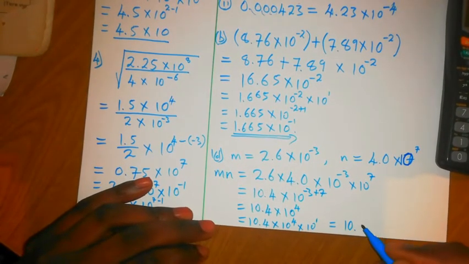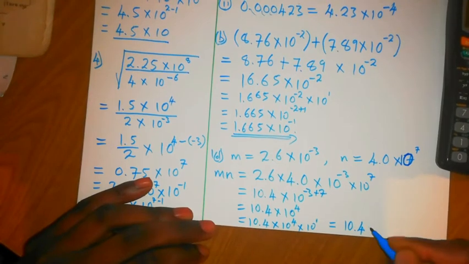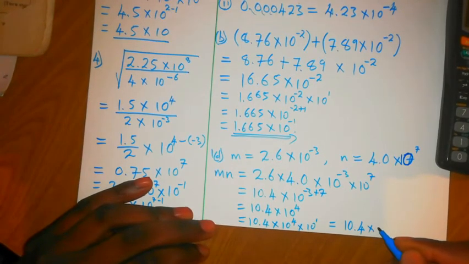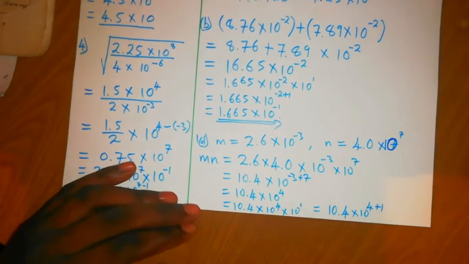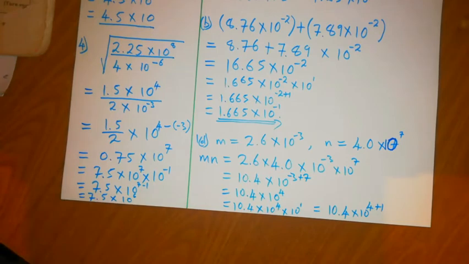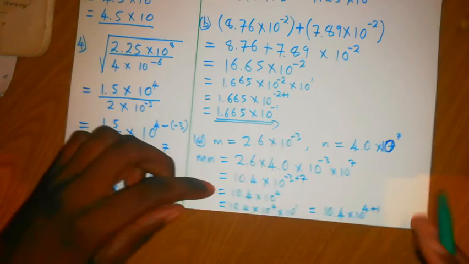So it's equal to 1.04 times 10 to the power 4 plus 1 there, so that I won't omit stages, so that you will try to follow. Now I'm moving on to my final answer. Let me try to use a different ink here so that you will see.